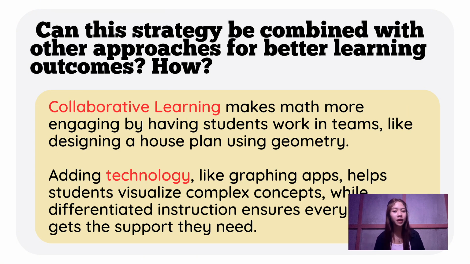Collaborative learning makes math more engaging by having students work in teams, like designing a house plan using geometry. Also, adding technology like graphing apps helps students visualize concepts, while differentiated instruction ensures that every learner gets the support they need. By blending context-based learning with these approaches, math becomes more practical, engaging, and easier to understand, helping students see its real-life value.